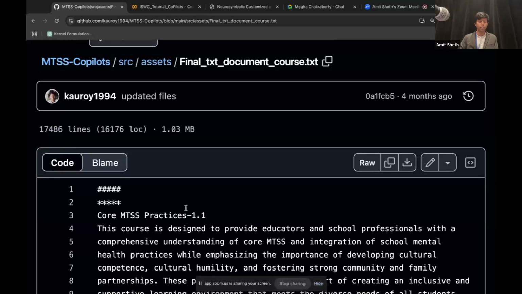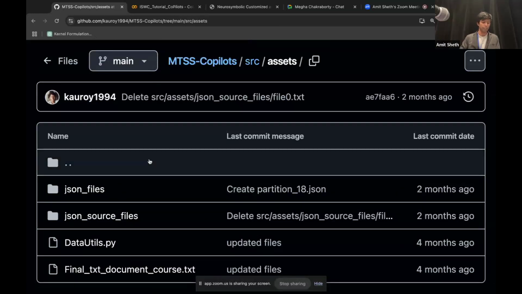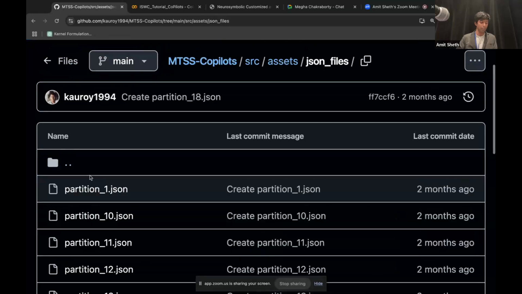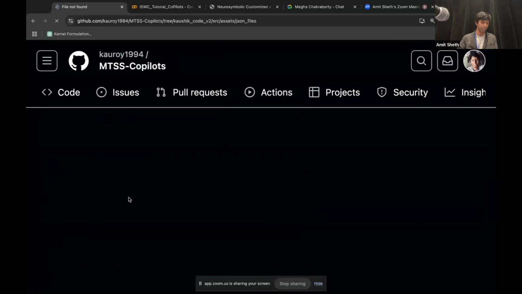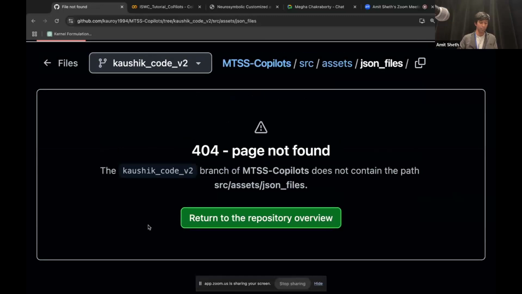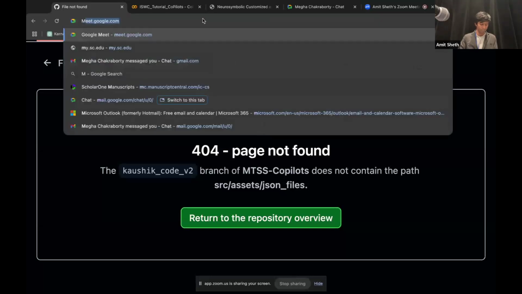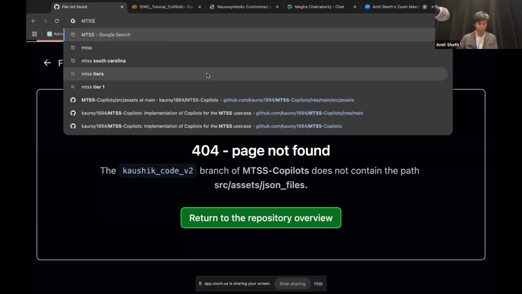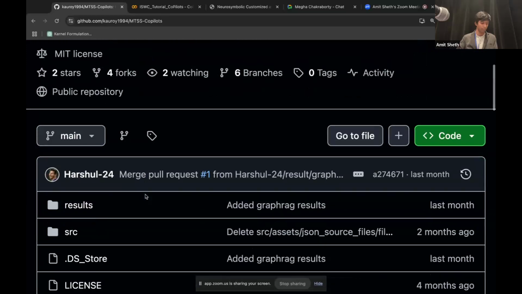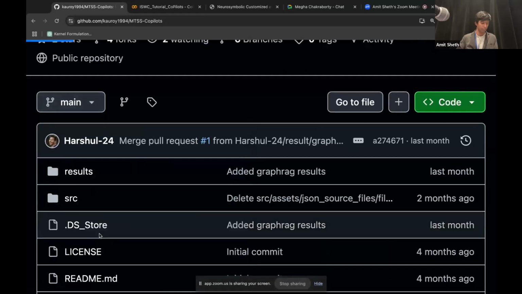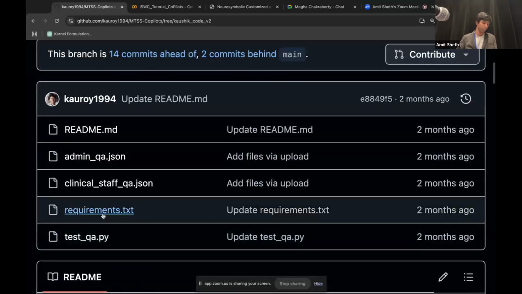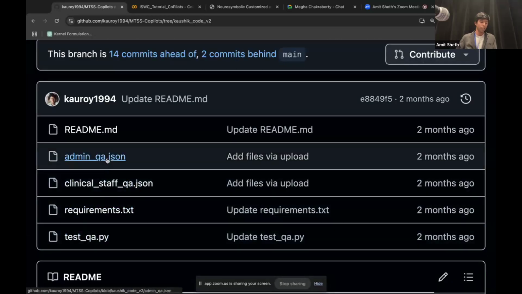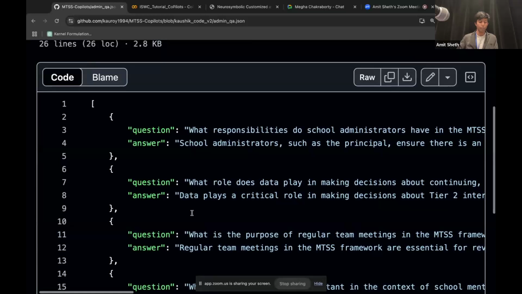Now I said earlier that we convert this into question and answers. So what that looks like is you have different question and answers for different roles, right?